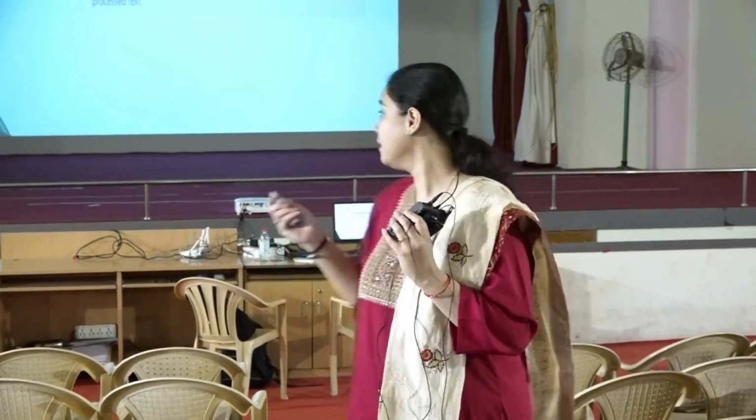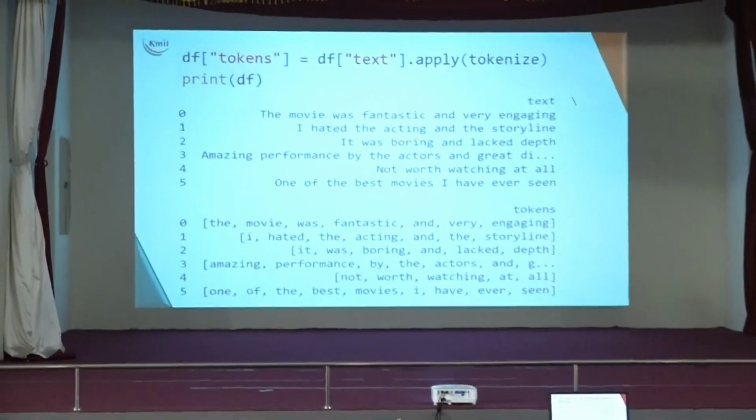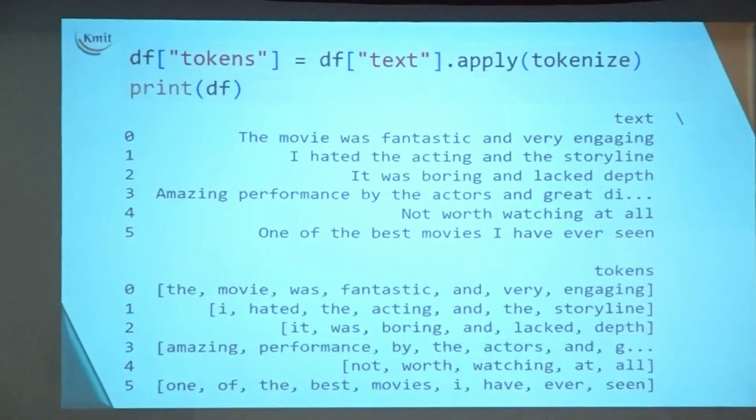Then you apply the method you created called tokenize onto your data frame, wherein you create another column that will now have tokens out of the words you have generated. Clear enough?